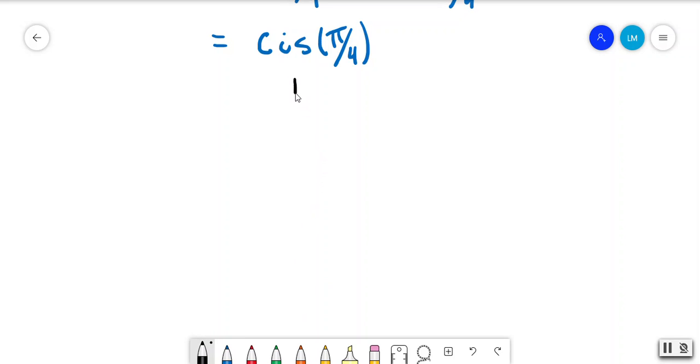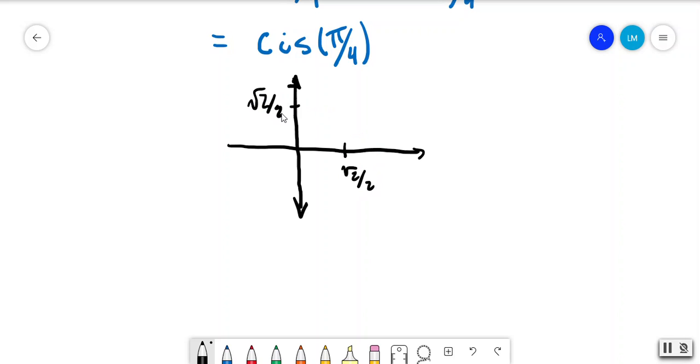For example, if you plot the original rectangular complex number in the complex plane, you can notate where is root 2 over 2 and where is root 2 over 2. So it would be right there. This is the projection of the complex number in our plane.